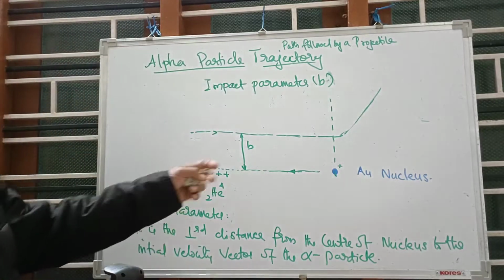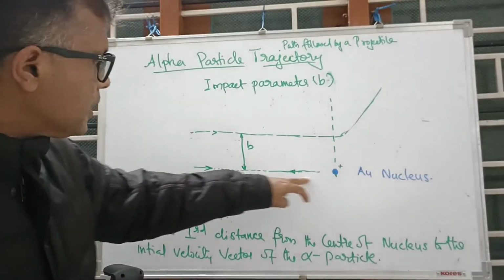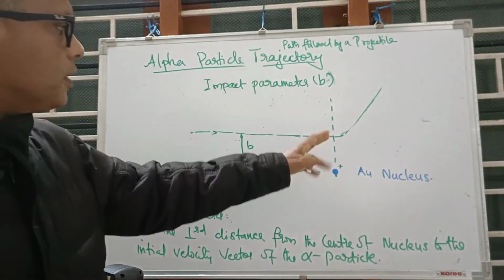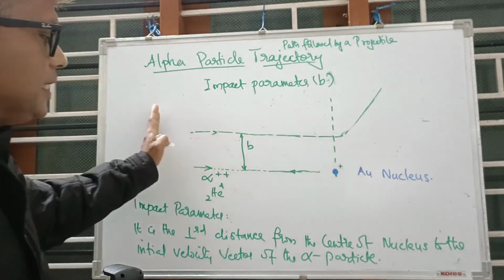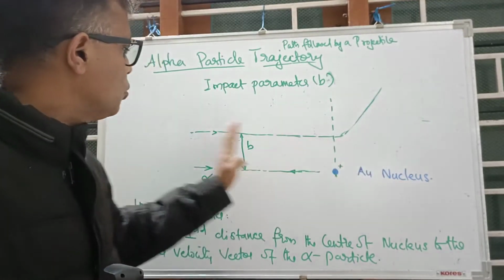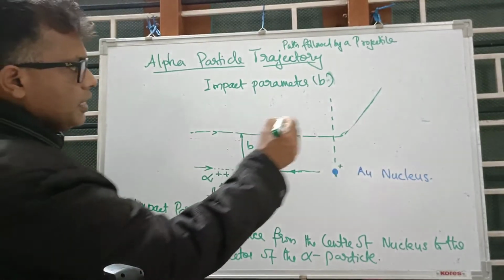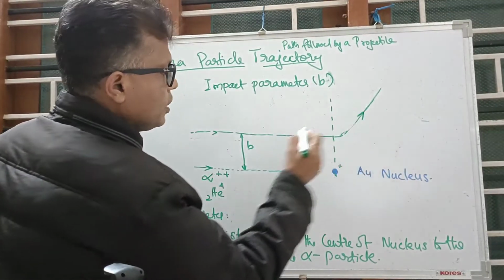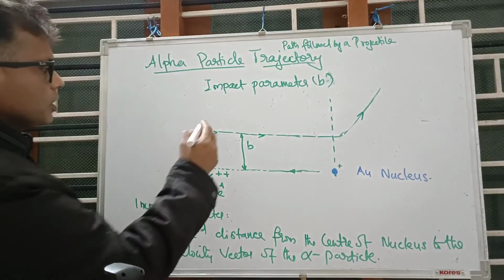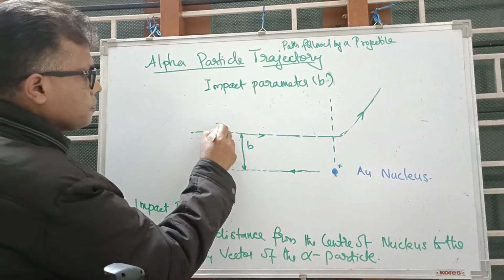Clear, no? This one is from the center to the initial velocity vector, because there are two parts. This one is the initial, this one is the afterwards. Here another vector is going. So this one will be the initial velocity vector.